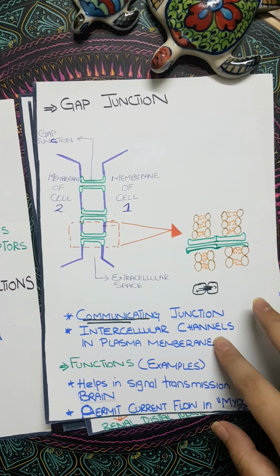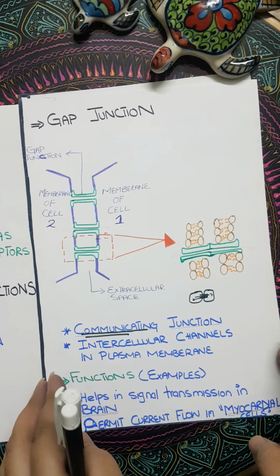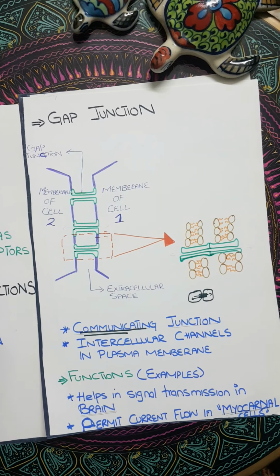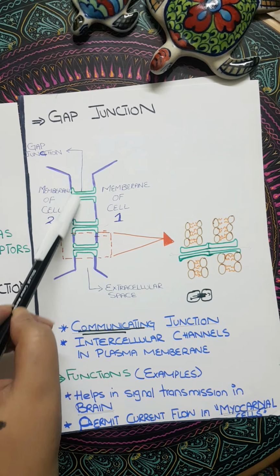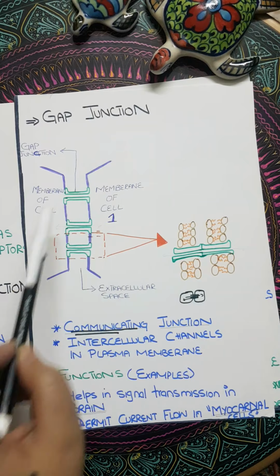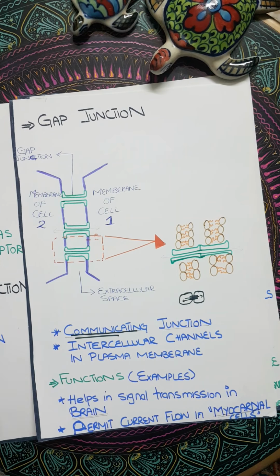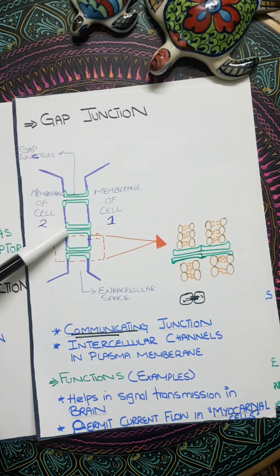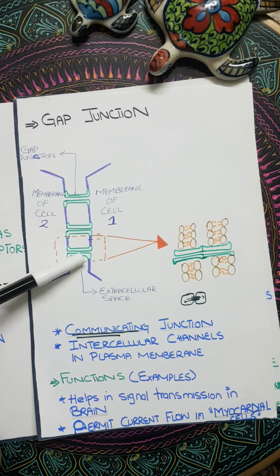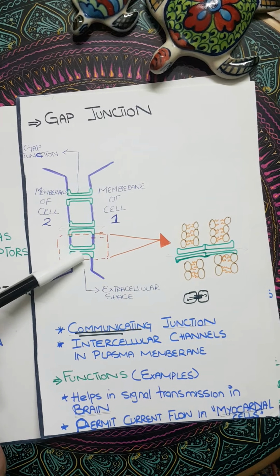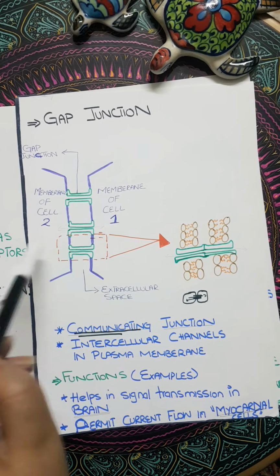Why is it called a communicating junction? This is the cell membrane of one cell, and this is the cell membrane of another cell, and these green ones are the intercellular channels between these two cells.